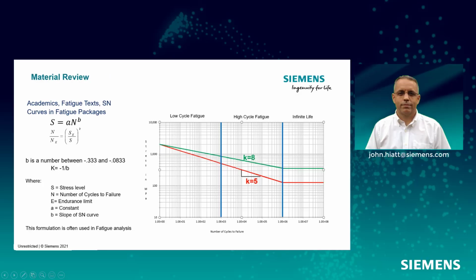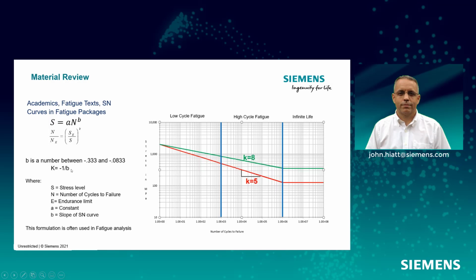So the classic formulation of an SN curve is this formula right here. We're going to have a stress level, a number of cycles to failure, an endurance limit, a constant, and the slope of an SN curve. The slope of this curve they call B, and it's a number from minus 0.33 to minus 0.0833.